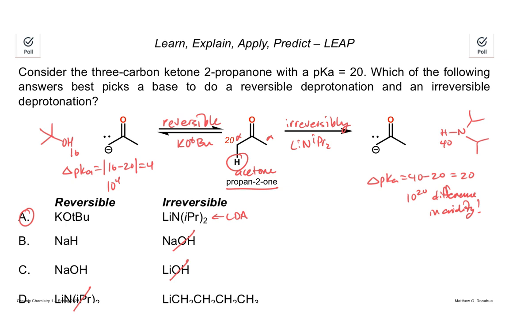And we remember we want to be above about 5 for it to be irreversible. So when you're below 5, you have this reversible situation. And again, that will come into play as we learn more reactions, and then definitely in Organic 2, when we really focus on acid-base chemistry more.